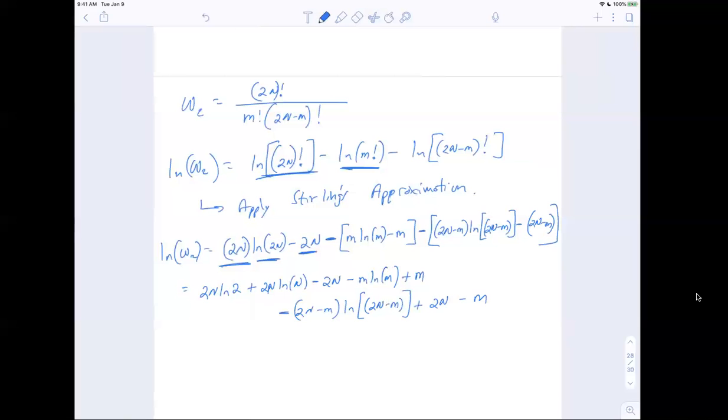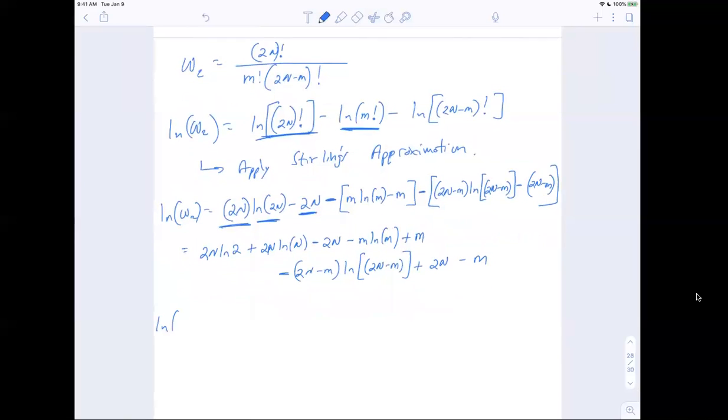And now we can simplify this expression. So natural log of W2 is equal to 2n natural log 2 plus 2n natural log capital N. We have a minus 2n here and a plus 2n, so those cancel. I have a plus m here and a minus m here, so those two terms cancel. So then I'm left with a minus m natural log m.